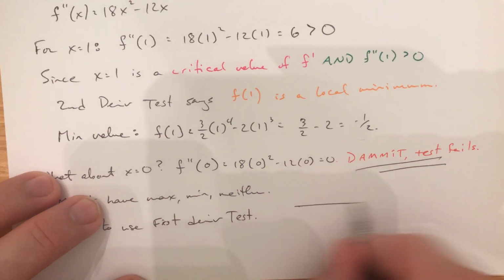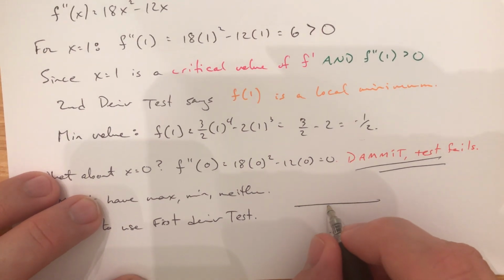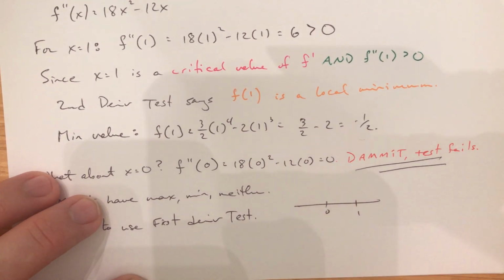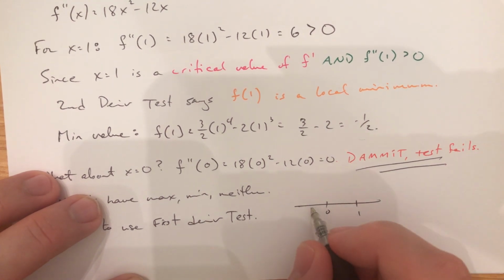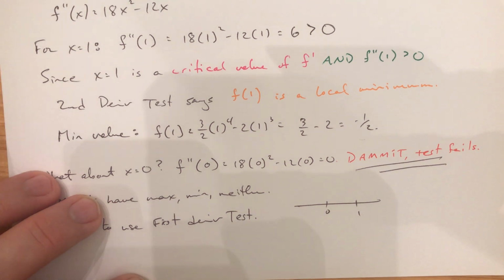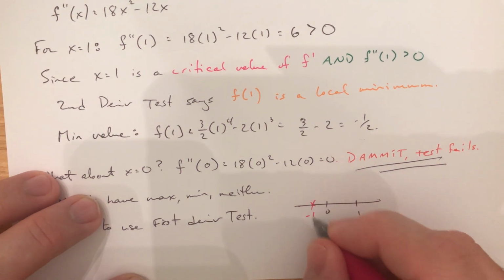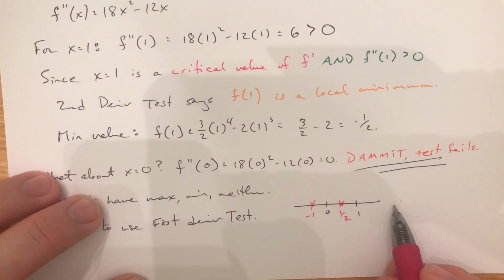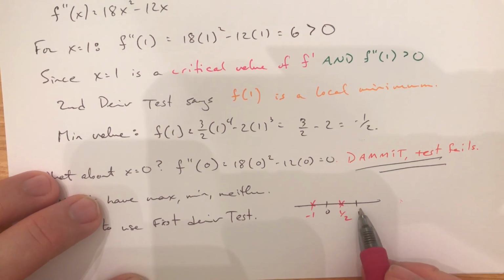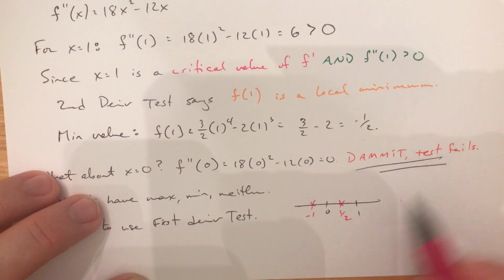And so let's look at a little section of the number line. I only need to know how the sign changes at 0, so I'm going to pick a test value, maybe negative 1 and positive a half. I don't need to pick one over here because I already know what happens at x equals 1. We have that local minimum.